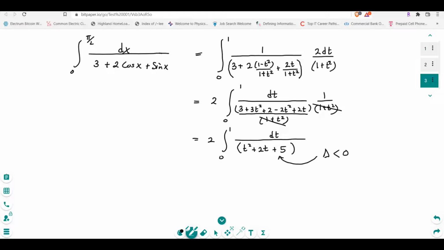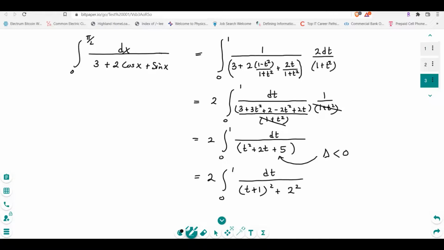So I'm going to do that now. 2 from 0 to 1, and then we have dt over t plus 1 squared, and then we'll have a 4. Okay, now you should know that 4 can be written as 2 squared, so I'll write it like that. Okay, so this is what we have, and now we have to integrate this expression.